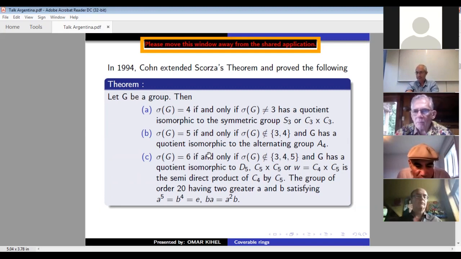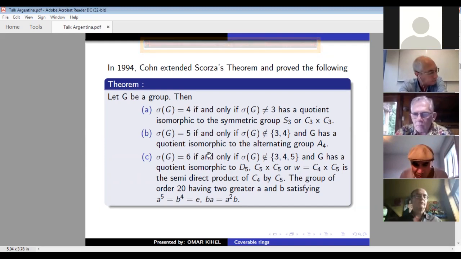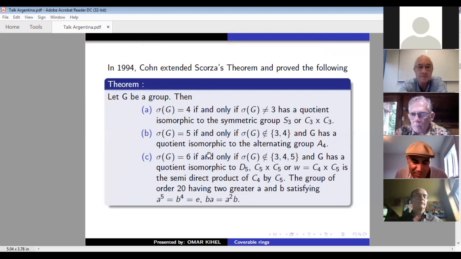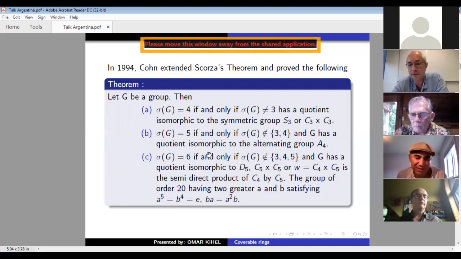Now, sigma G equals 6 if and only if sigma G is not 3, 4, or 5, and G has a quotient that is either D5, C5 cross C5, or a semi-direct product of C5 with C4. Again, for 6, part of it, C5 cross C5, is similar to Scorza's theorem, but the other groups are different.